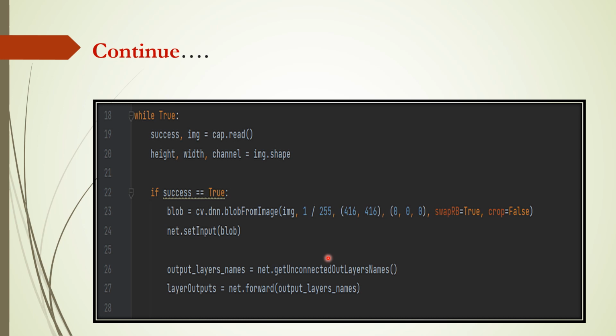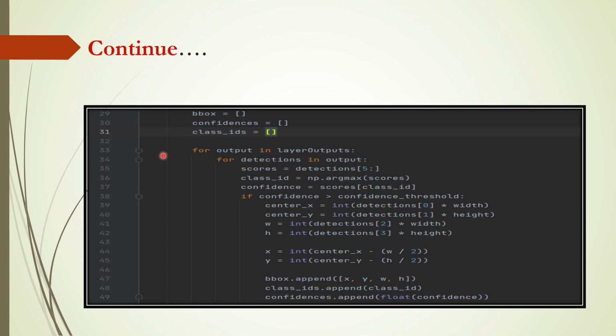But we are not done here, as we need to visualize the results. For that we need to extract the bounding box, with what confidence we predict the object, and what class the object is. So in lines 34 to 35, we use two for loops to extract the bounding box, confidence and class IDs.